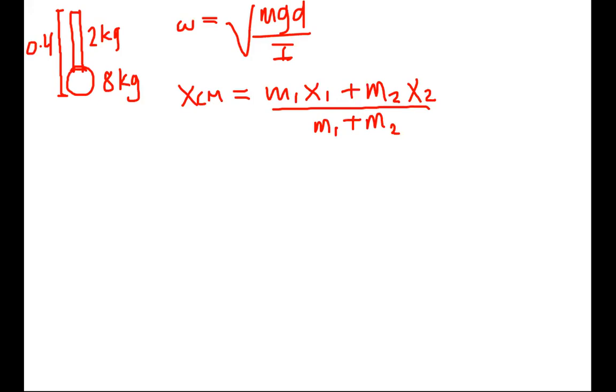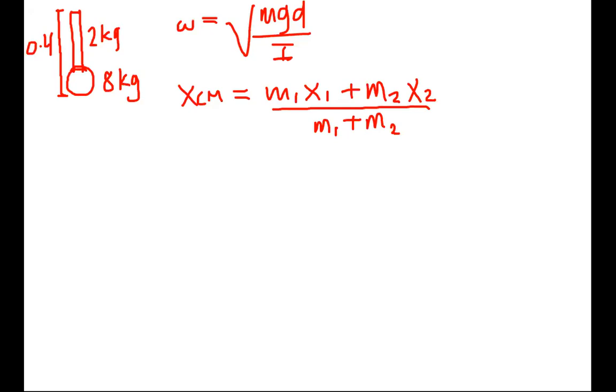In this case, mass 1 could be the rod, and its position would be its center of mass, which for the rod by itself would be half that distance. So that would give us 0.2. Whereas in the case of the point mass, its center of mass would be all the way at the end, as we're treating it as if it's just a singular point. So that would be 0.4.